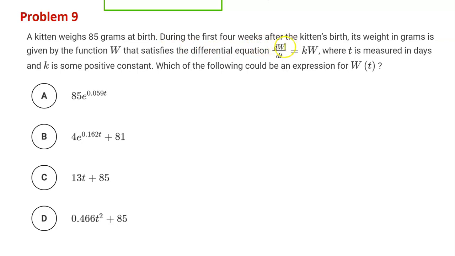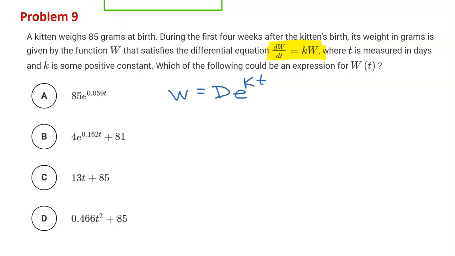Well, this is, once again, that special case. We have the rate of change of a quantity proportional to that same quantity. We can solve an equation like this with a shortcut by saying w equals D times e to the kt power.